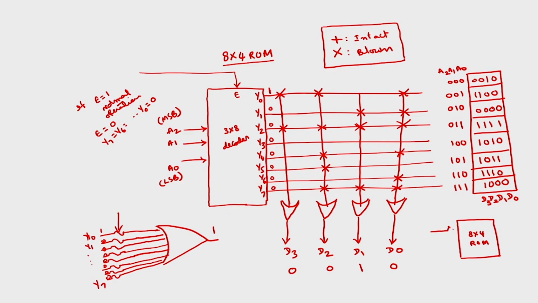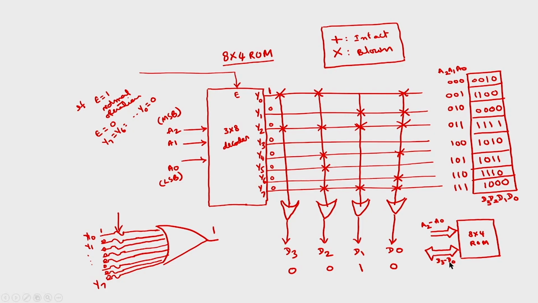Address lines will be represented by unidirectional. This is the representation of the bus A2 to A0. 3 address lines. And this 4 represents the number of data lines. Data bus is bidirectional. So, we have D3 to D0.